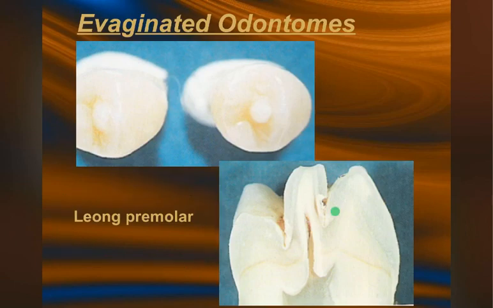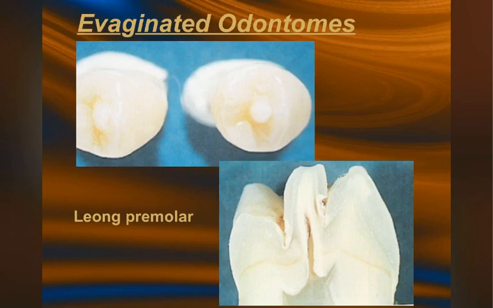This evaginated odontome interferes with the occlusion, so the occlusion will not be healthy for the patient. Also, there will be rapid attrition, and rapid attrition will lead to exposure of the pulp horn here, as this odontome has a pulp horn in the core, and this will lead to pulp inflammation.